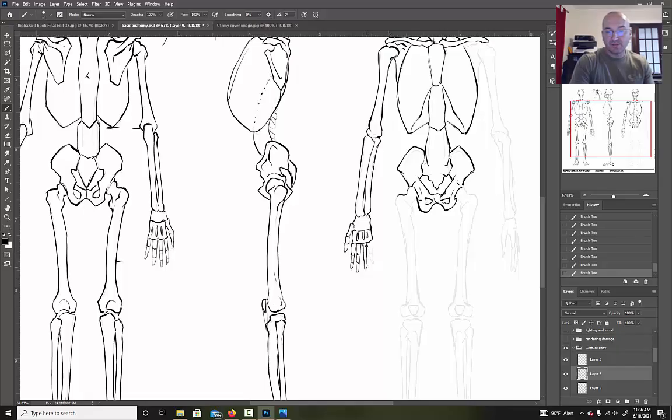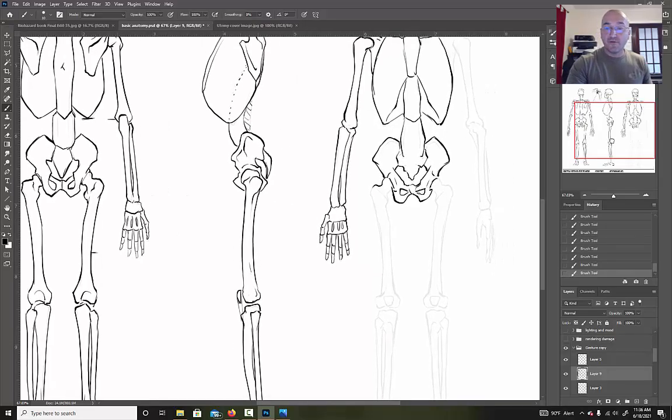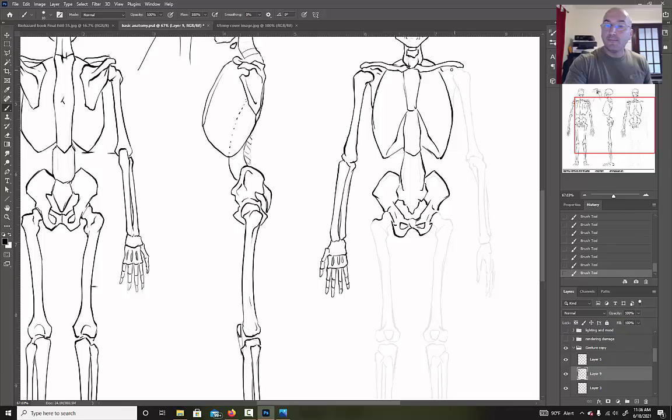We'll do another one of these here in a minute that is muscular overlays, so that we know where the attachments are for the different muscle groups, which again will be, if you plan on doing any figure drawing or any character drawing that has any kind of realistic anatomy to it, just knowing the basics of the bones and where they go is going to be extremely helpful to you.